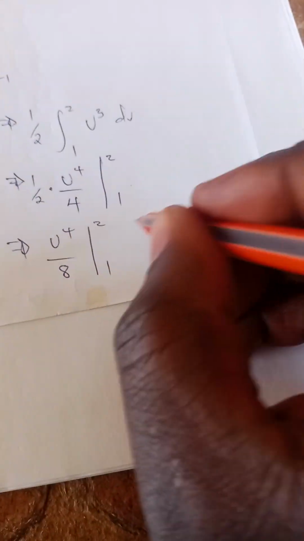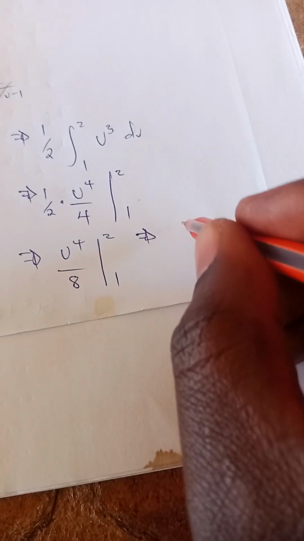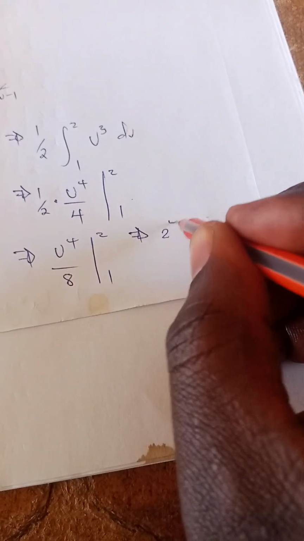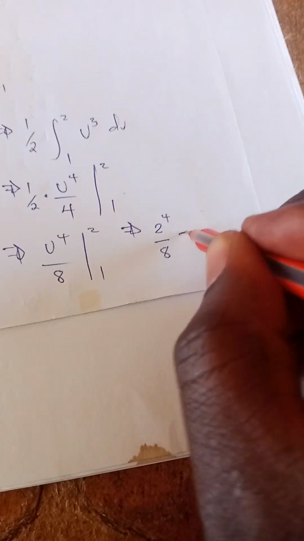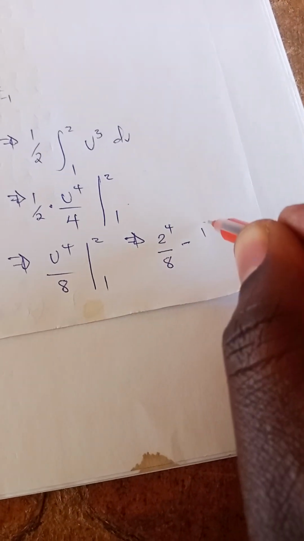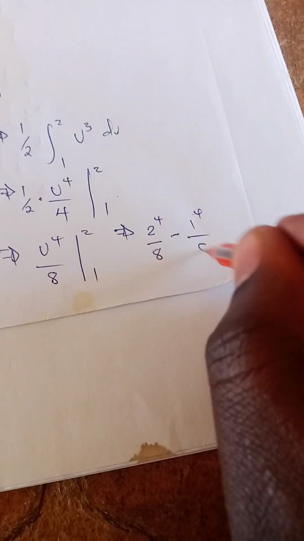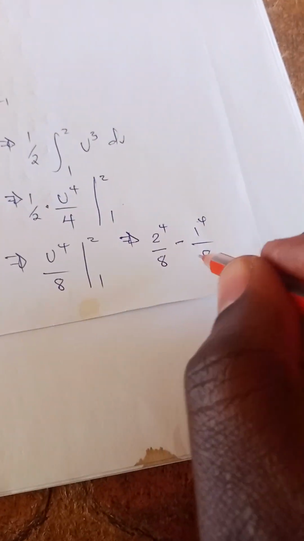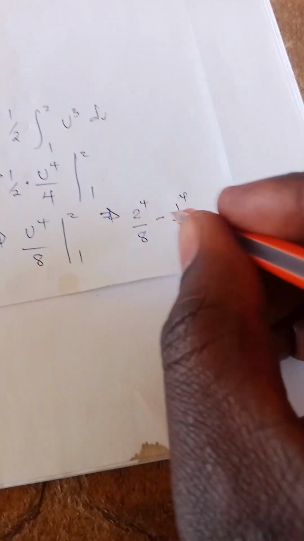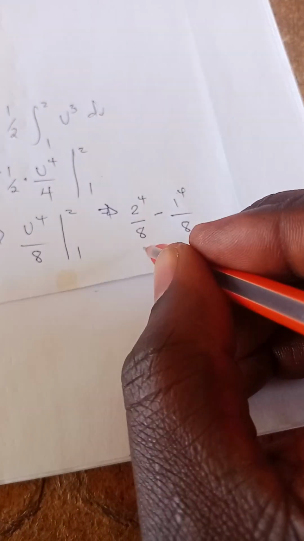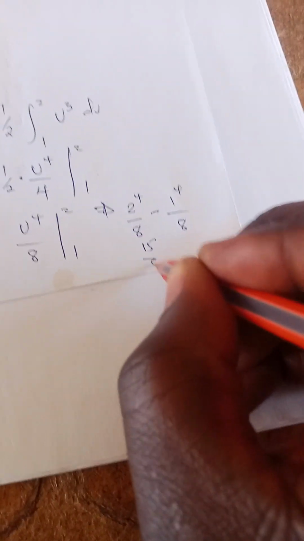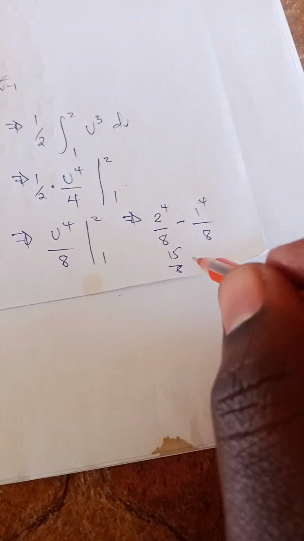So this one now is going to be 2 power 4 over 8 minus 1 power 4 over 8. So I'm going to have 16, minus 1, that's 15, so I'm going to have 15 over 8, and this is going to be our final answer.